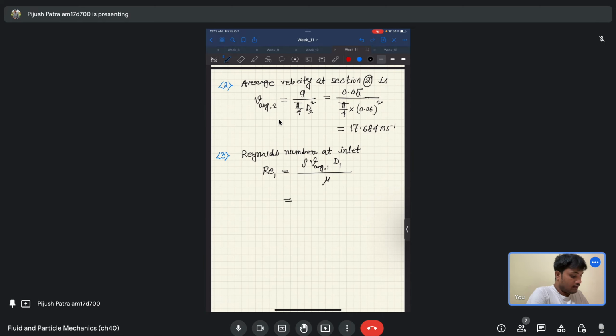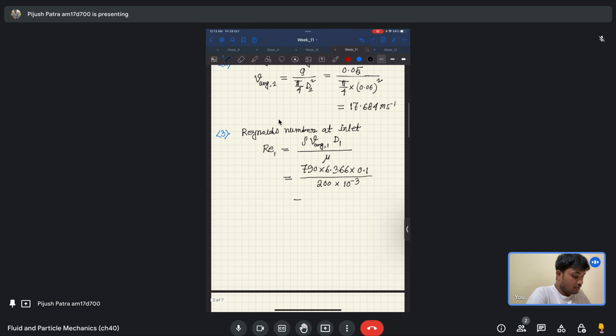So it is 790 into 6.366 into 0.1 divided by 200 into 10 to the power minus 3. This is something around 2514.57. This is the Reynolds number at the inlet section.